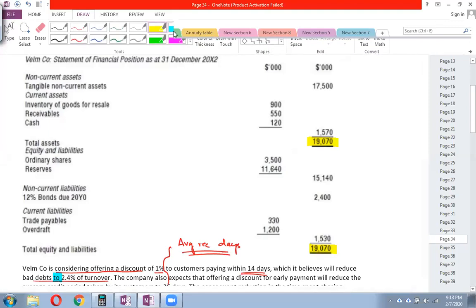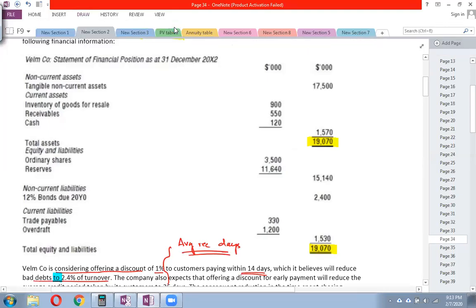Now, if you subdivide it, first of all, can you see the non-current asset? What is the logical approach to finance our non-current asset? We will say the non-current asset mostly is going to be financed by long-term finance. So where is the long-term finance? We have ordinary share reserves. So here is the equity finance and here is the debt finance, right?